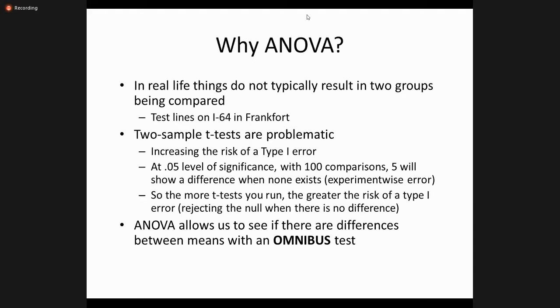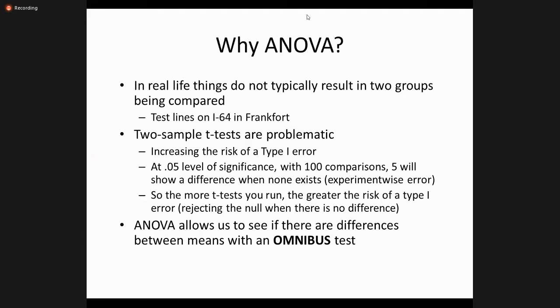So the problem with the t-test is that it increases the risk of type 1 error when you are applying the t-test to more than two samples. Because mostly in research we take the 0.05 level of significance, with 100 comparisons, 5 will show a difference when none exists. So this is the problem with the t-test.